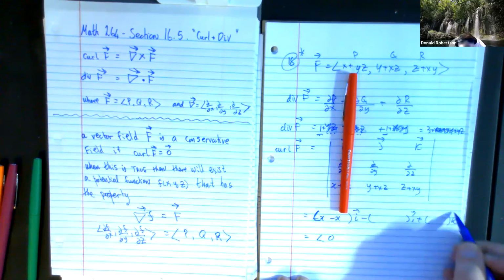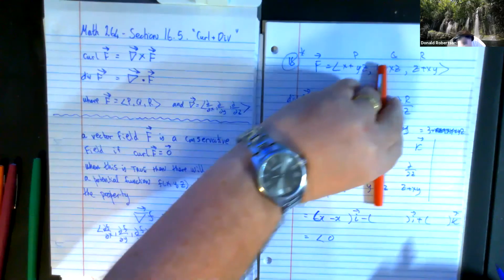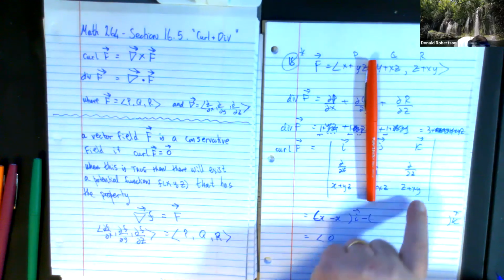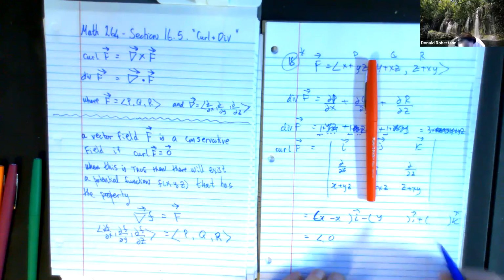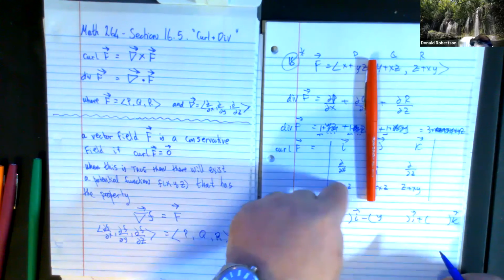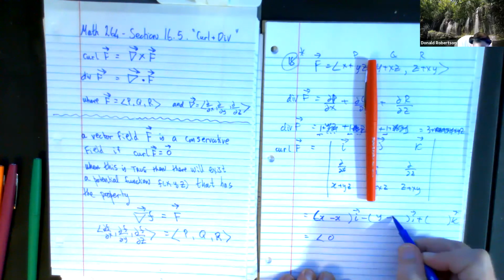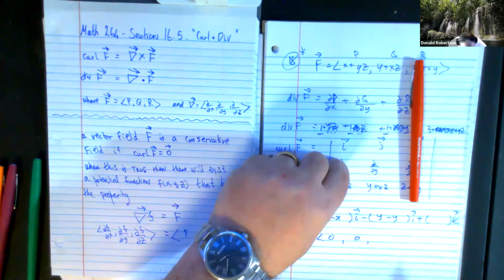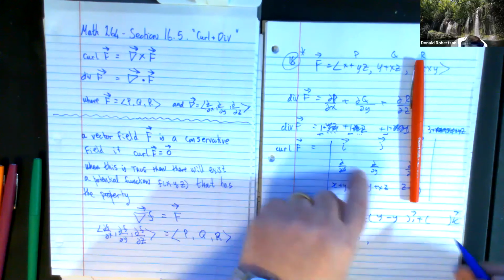Okay, let's go for the middle one then. If you differentiate this guy with respect to x, you just get y. And if you differentiate this guy with respect to z, you get y, which gets you 0. If you differentiate this with respect to x, you get z.